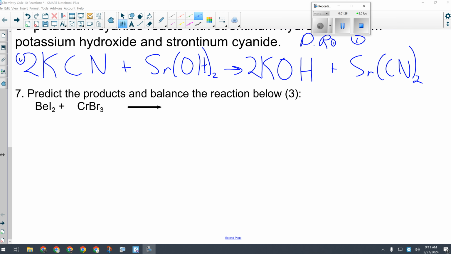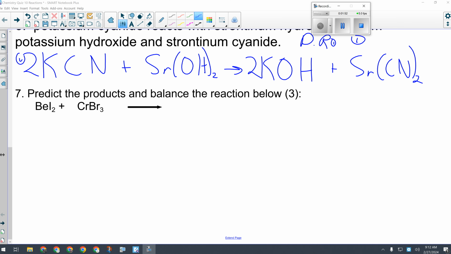But you can't really start the predicting process until you have the reactants in formula form. Once I see those, I can start to analyze what's going on. What I see as reactants are two ionic compounds: beryllium iodide and chromium-3 bromide.